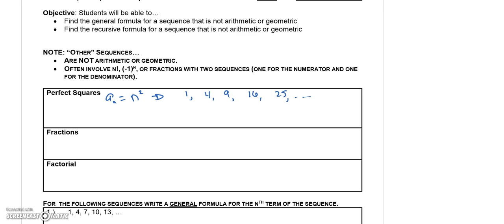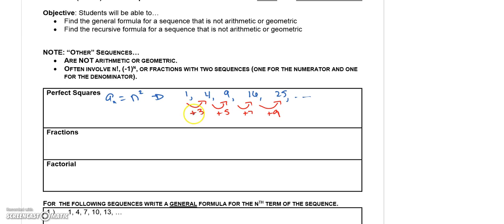If we think about addition, there is no common difference between these terms, but this would be plus 3, plus 5, plus 7, plus 9. You can guess how that's going to keep going, and that's always going to be true, right? So 36 is plus 11, then plus 13, plus 15. The gap between numbers keeps increasing by 2, and that's a characteristic of your perfect squares sequence.